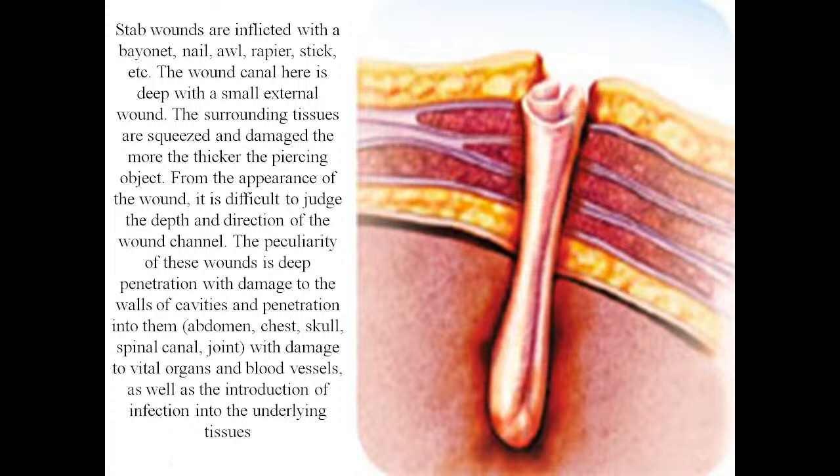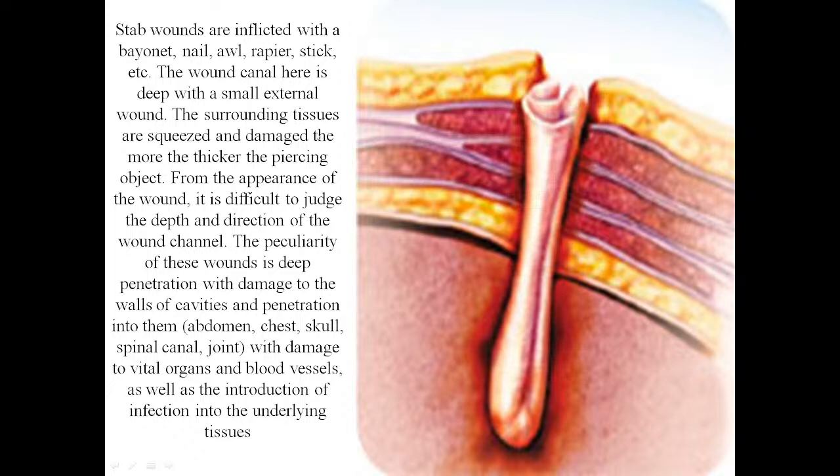Students, on the slide you can see stab wounds. Stab wounds are inflicted with a bayonet, nails, awl, repair tool, stick. The wound canal here is deep with a small external wound.